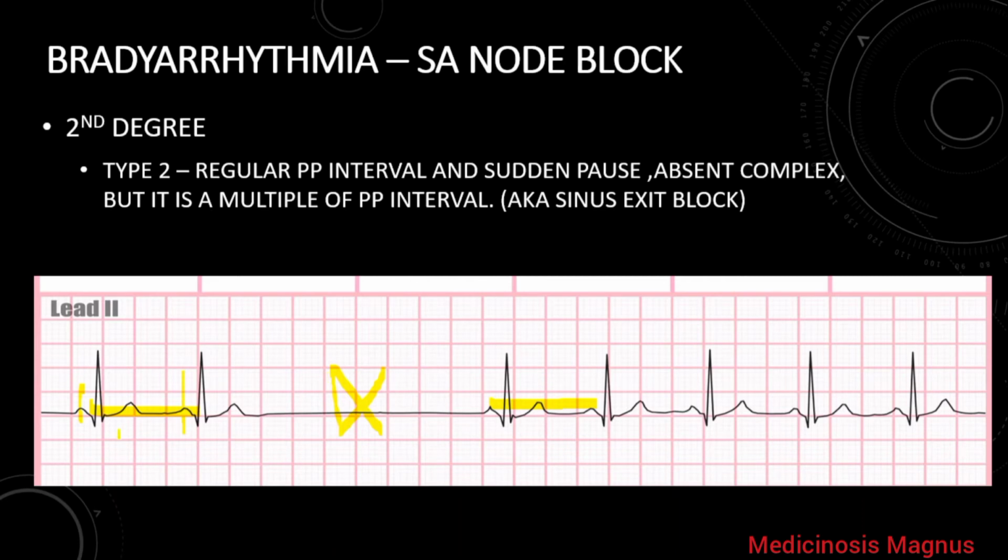But if you see here, this is a P and this is a P. The distance between this P and this P is half a box here, 1 box, 2 box and another half box. So it's totally 3 boxes. If you see the distance between this P and this P, it is 1, 2, 3, 1, 2, 3 and 1, 2, 3. So it is a multiple of the PP interval. This is SA nodal block or the sinus exit block.